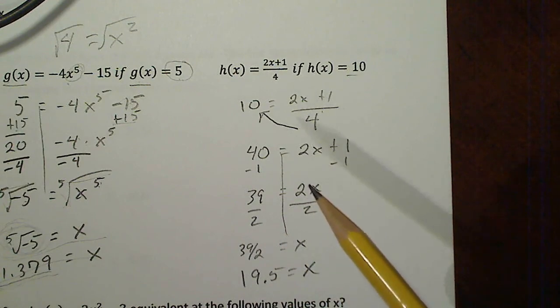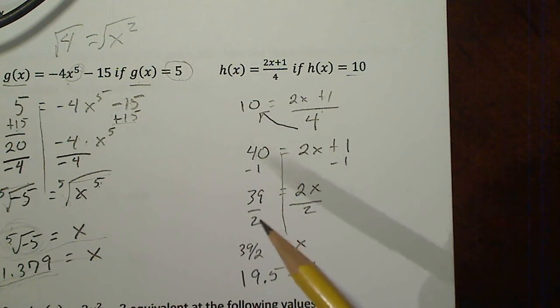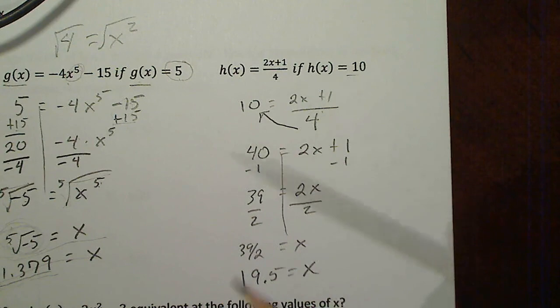Again, because this is 2 times x, divide by 2. And in this case, if you left it as 39 over 2, that would not be terrible. If you go ahead and go 19.5, that would also be correct because this is a nice rational decimal here. We don't have to worry about it repeating itself or just going on forever.